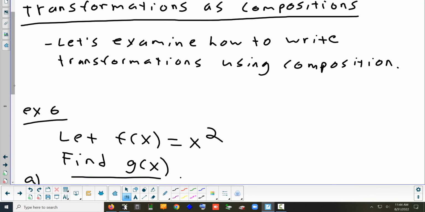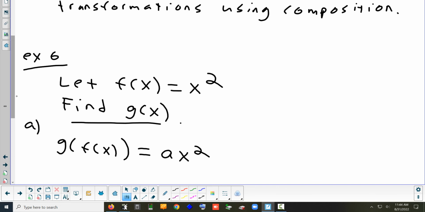So what we're gonna do here is what we did before, but figuring out a different piece of the problem.